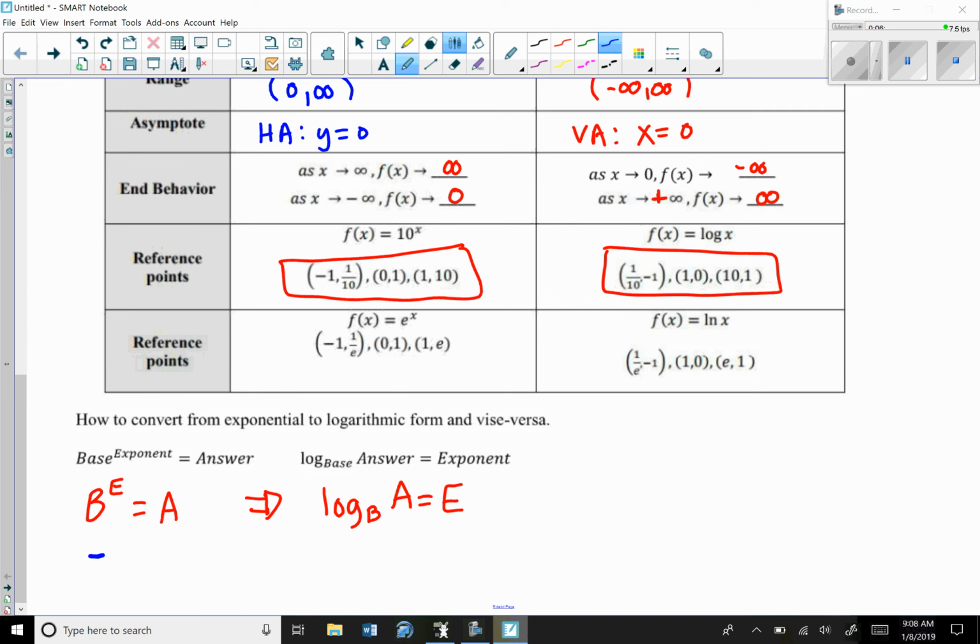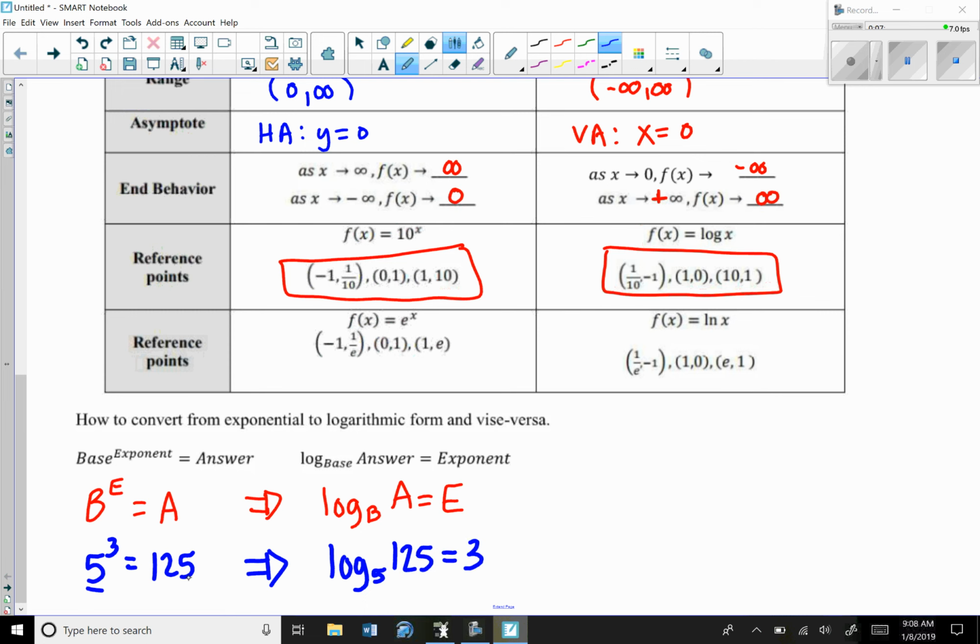So let's say we have 5 to the power of 3 is equal to, we know, 125. So if I wanted to rewrite that in logarithmic form, that would be the log, the base stays the base, so the base over here is 5, so this stays 5. So log base 5 of the answer, which is 125, equals 3.